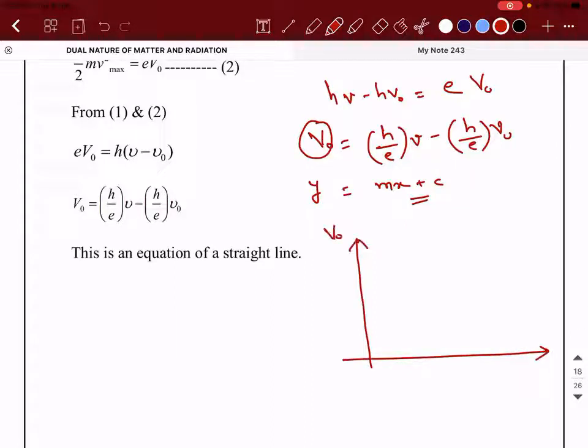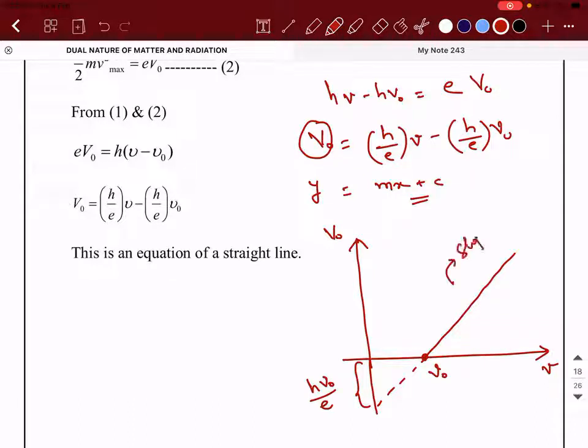So if I take V naught on the y-axis and nu on the x-axis, it will be something like this. Then this distance is h nu naught divided by e, and this point will be nu naught, right?